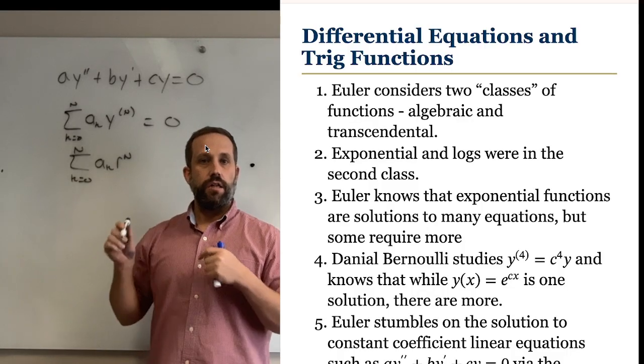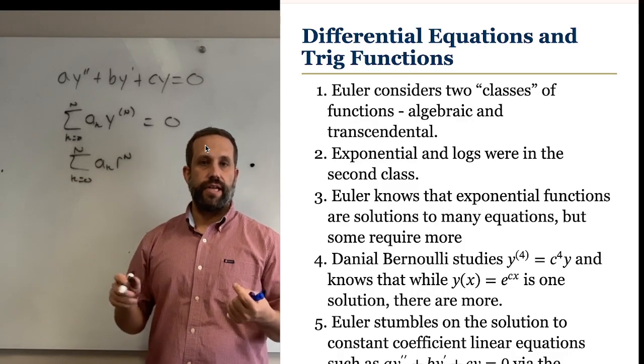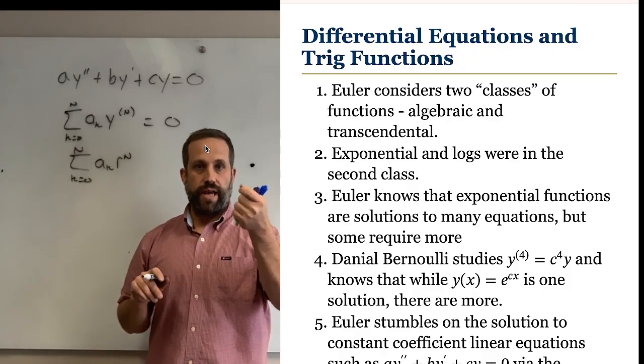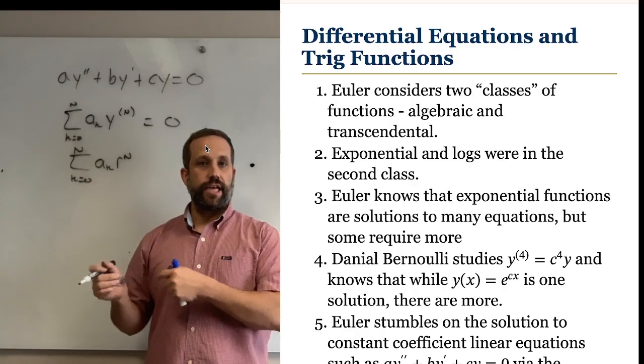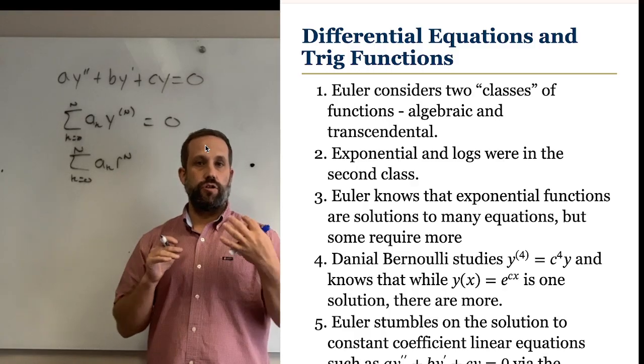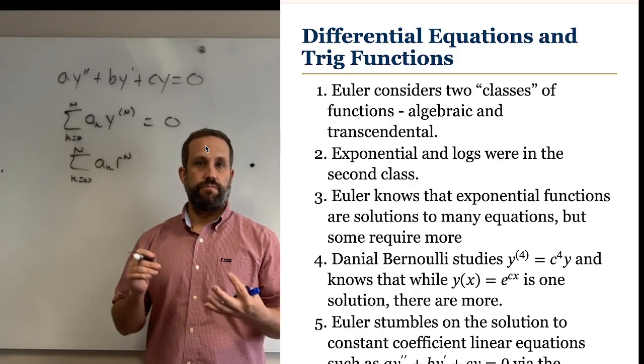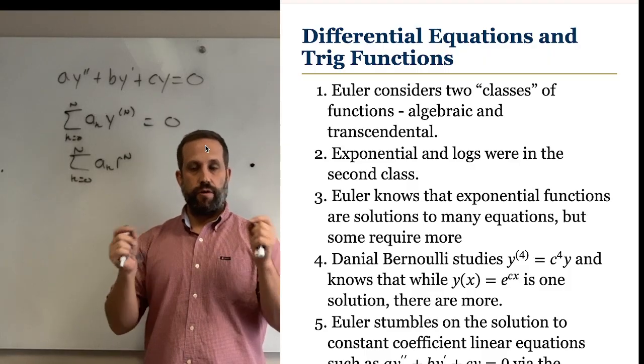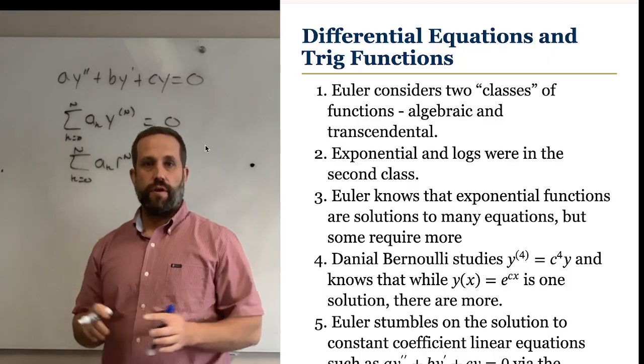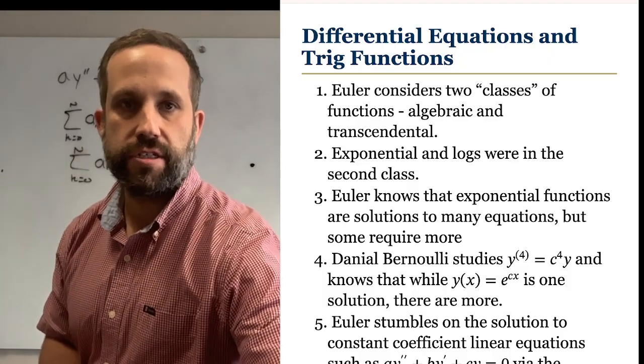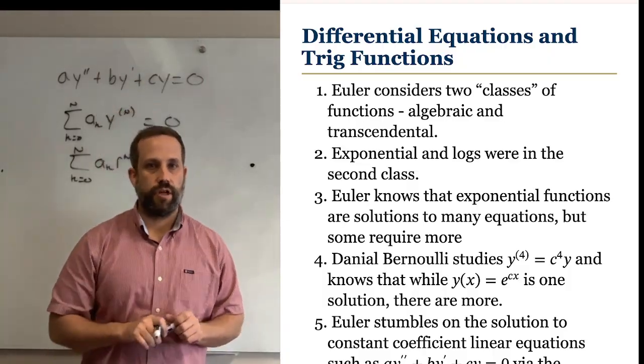So each linear factor gives you one solution, e to the r x, and you get these exponential trig solutions, two solutions for every irreducible quadratic. If you don't remember your differential equations class, just take a minute to remind yourself.